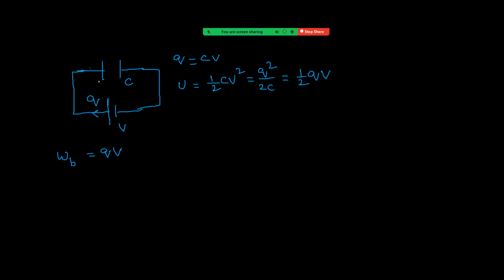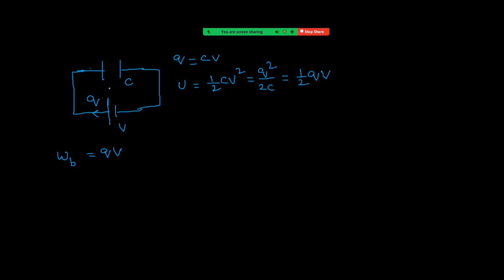That means when we take a capacitor which is initially uncharged, in the process of charging the capacitor, only half of the work done by the battery will be stored in the capacitor. The remaining half will be lost in the form of heat. So this is only when the capacitor is initially uncharged.